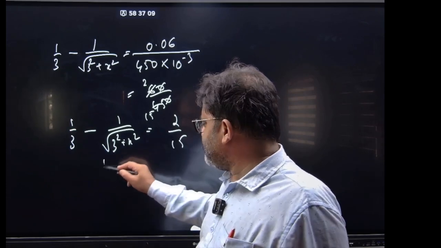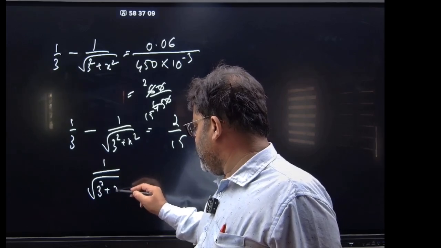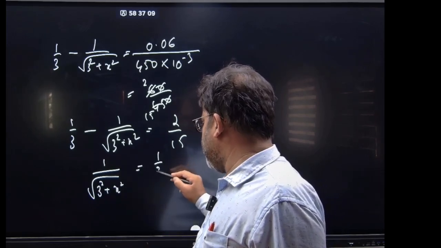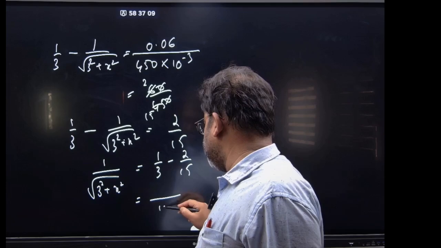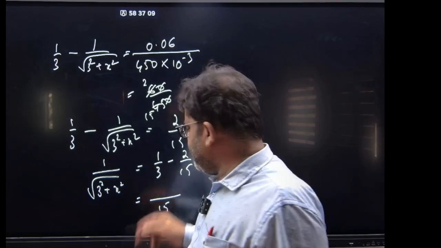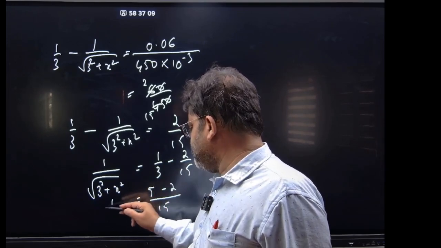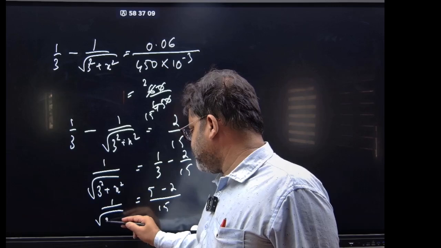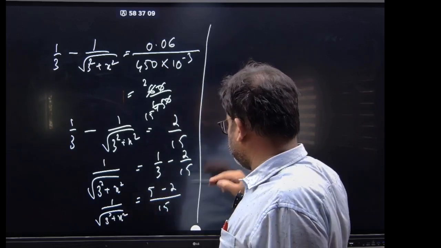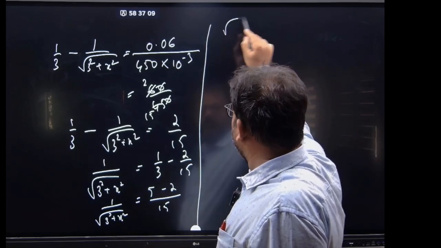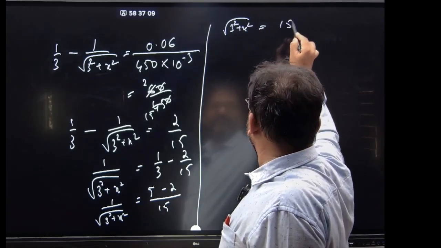Now take this, 1 upon root of 3 square plus x square, and square this side. That means we are going to get 1 by 3 minus 2 by 15. So take the LCM. LCM is 15, this will cancel, 5 minus 2, so this is 1 upon root of 3 square plus x square. In the bracket, we are going to get root of 3 square plus x square equal to 15 by 3.